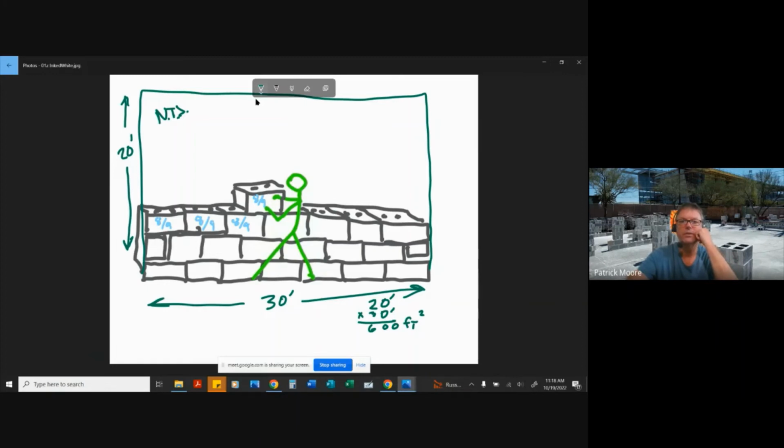So the next step, I'm going to pause the video now and answer this question. Now that you know the area of one block, and you know the area of the whole wall, what do you do to calculate how many blocks you would need? So this is a story problem now. And okay, you found the answer. The answer is division.